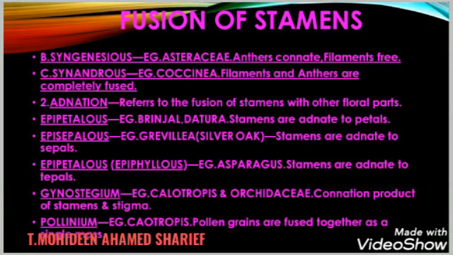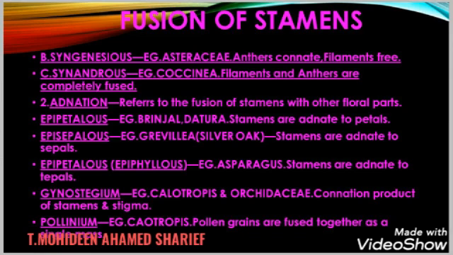Next one is synandrous. The filaments and the anthers are completely fused together. Whereas in adnation it is of 4 types, epipetalous. Stamens are adnate to sepals. So it is called as the episepalous.